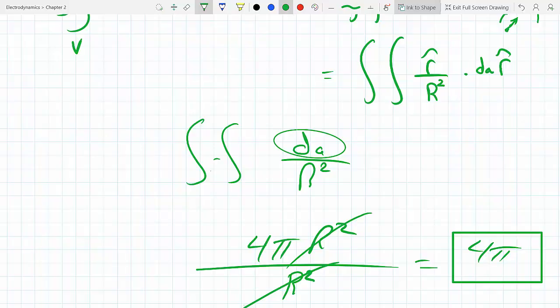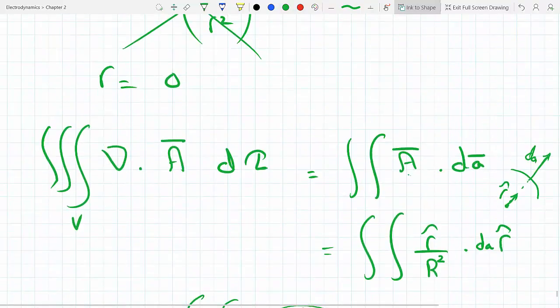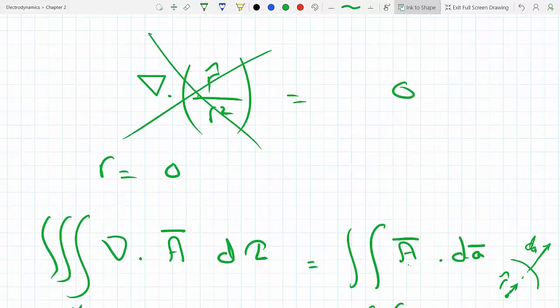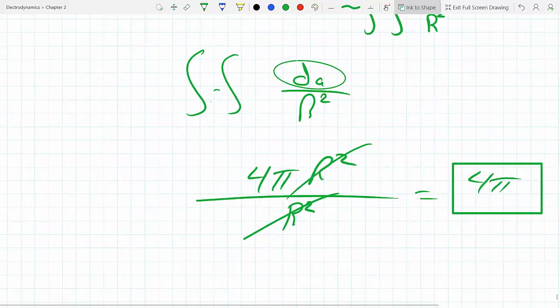So you pretty much can always do that in physics. Let's just put it that way. So basically we proved that when r is 0, if you use the divergence theorem, you get 4 pi. When it blows up.